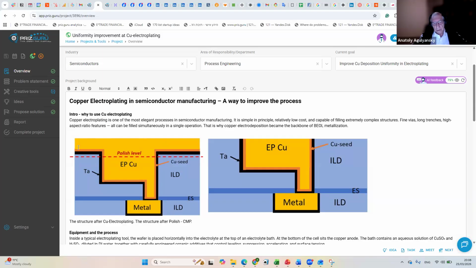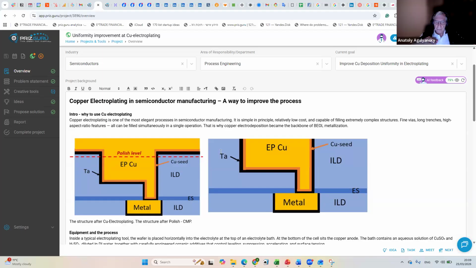And after that, we remove it with polish. And polish is also not very trivial. We remove it in 3 steps. First, we remove the bulk of copper, and there is an endpoint where we measure conductivity of the residual metal, actually impedance.